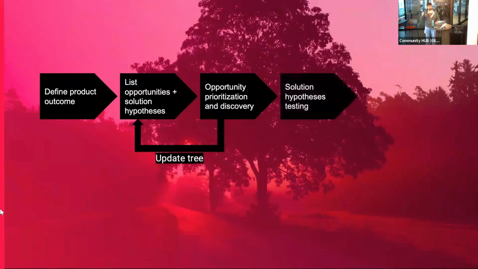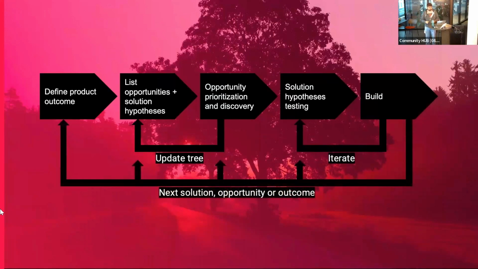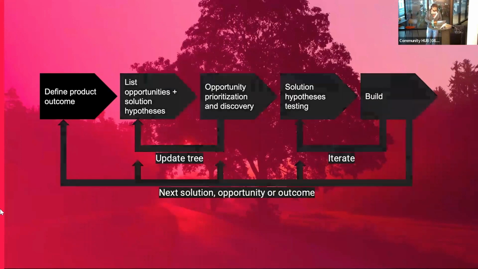And then, okay, I have my prioritized opportunity. I will test my solutions, and then if the tests go well, I will build and iterate, and this starts all over again. So this is the simplistic overview, and I'm going to talk about each of these steps.